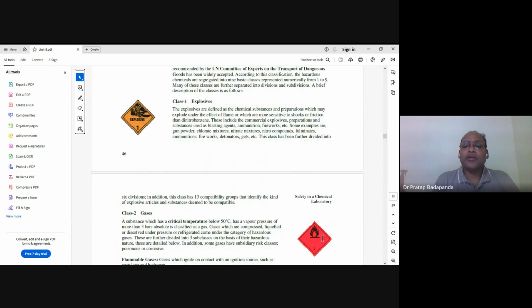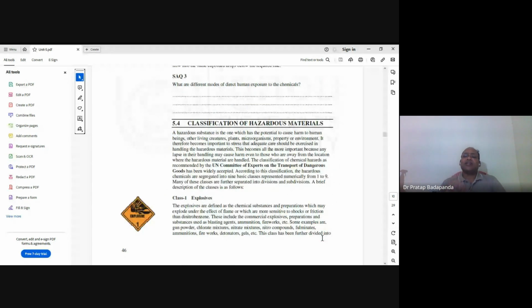Then we'll come to the classification of hazardous material. What kind of hazardous material is used in the lab? Explosive. As you know, nitro compounds are used to make different kinds of explosive items. So a nitro compound is highly explosive in nature.